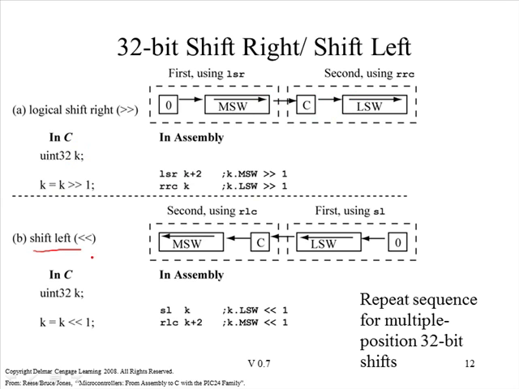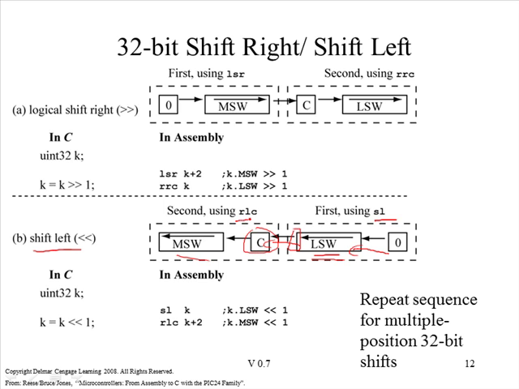The shift left uses a similar concept, except it's going to shift the least significant word first, followed by the most significant word. We'll shift the least significant word first using a shift left instruction. A 0 will come into the least significant bit, and the most significant bit of the least significant word will be captured in the carry flag.